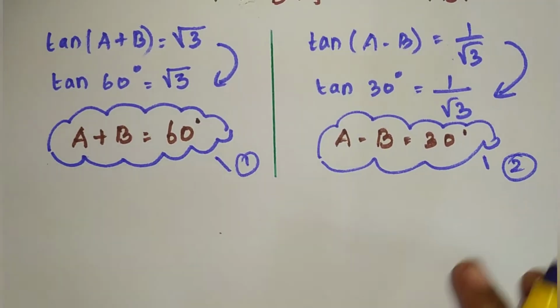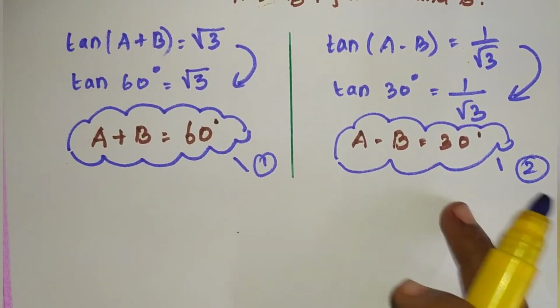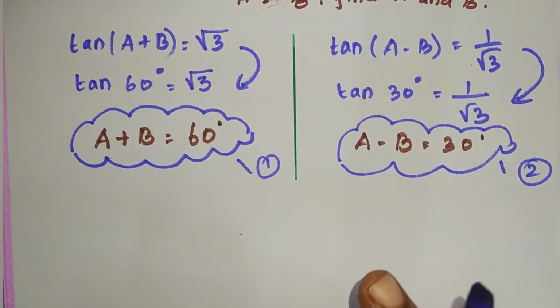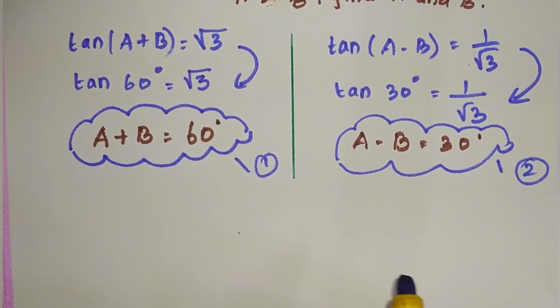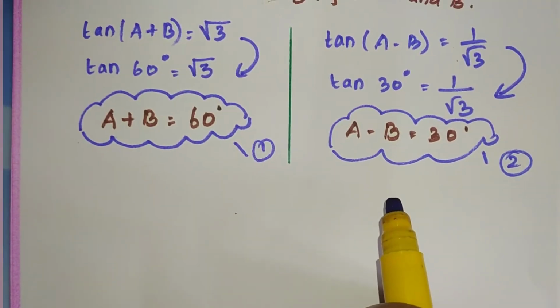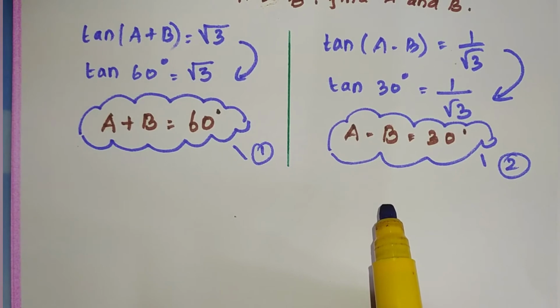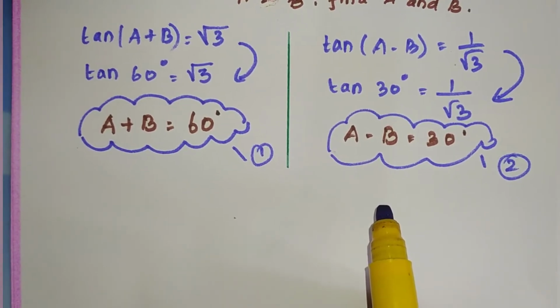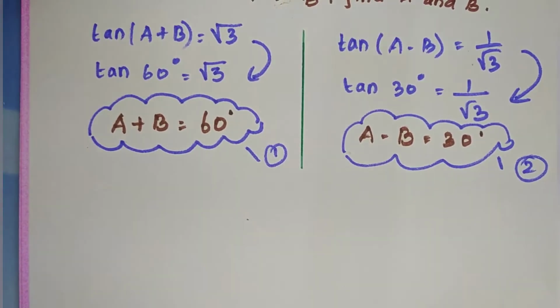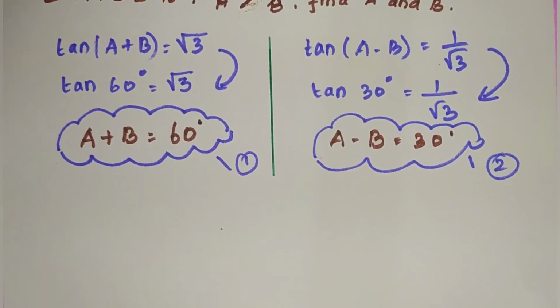Now I'm going to simplify these two equations and find a and b. By which method can we find the value of a and b? I'm going to find the value by using the elimination method, which we studied in pair of linear equations in two variables.